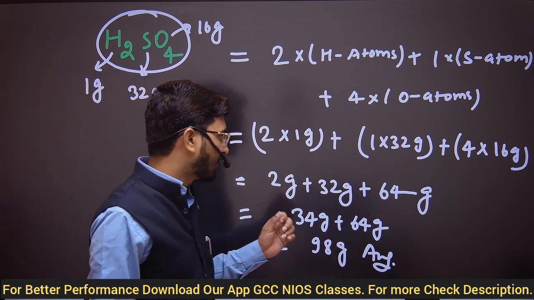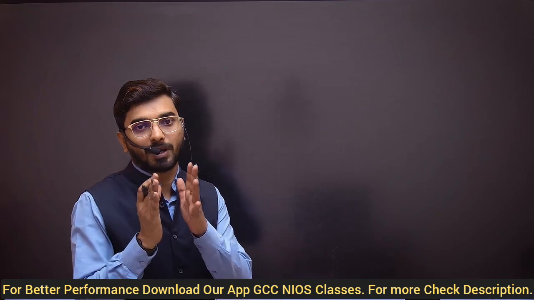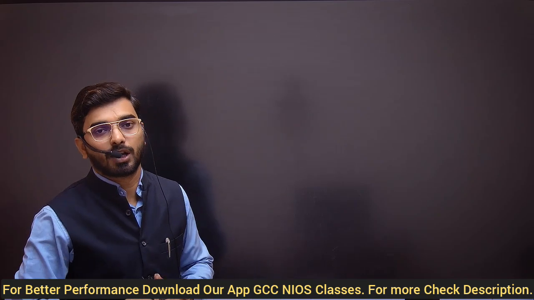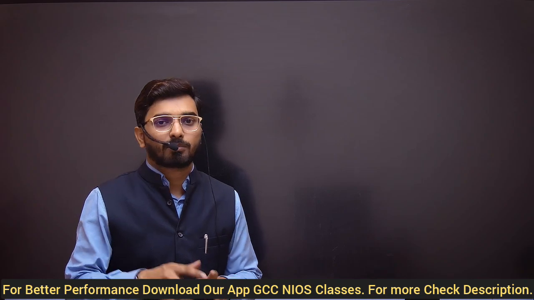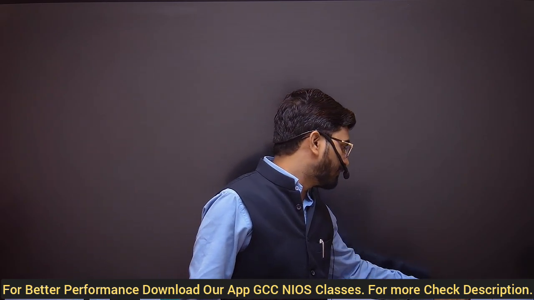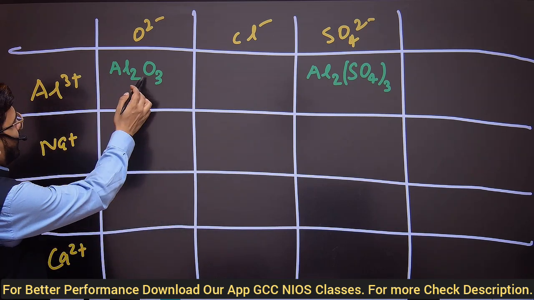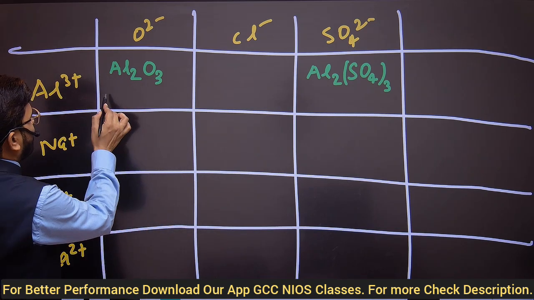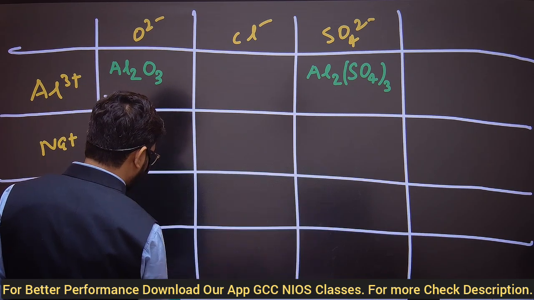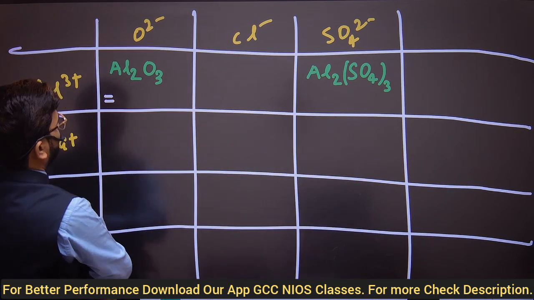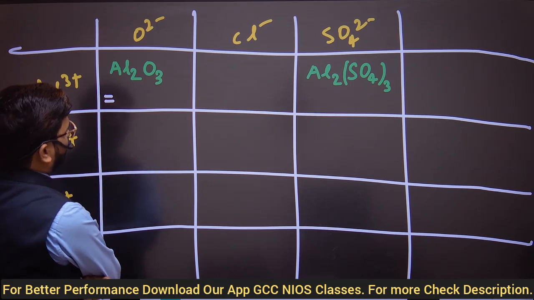So I hope you will understand. Now you should try to write and practice with a few molecular compounds, molecular formulas, and write their masses also. You can practice here, just like writing Al2O3, and here you can write the masses of these compounds: 2 atoms of aluminum and 3 atoms of oxygen.